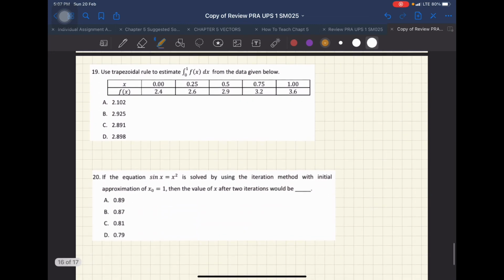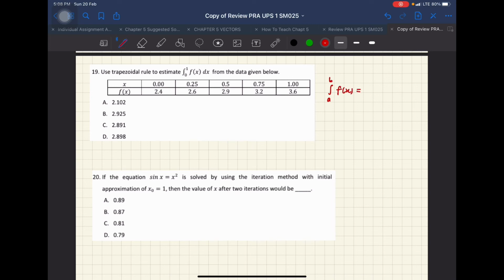Alright, so number 19. Okay, so number 19, dia minta kita use trapezoidal rule to estimate the following integral from the data given below. Alright, so kalau dalam trapezoidal rule, apa yang penting untuk awak tahu is you need to know your h. Okay, so kalau kita ingat balik formula of trapezoidal rule, contohlah dalam soalan ni, A sampai B of x.